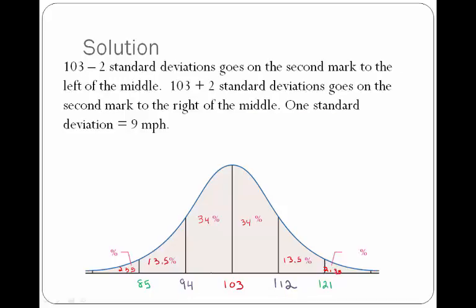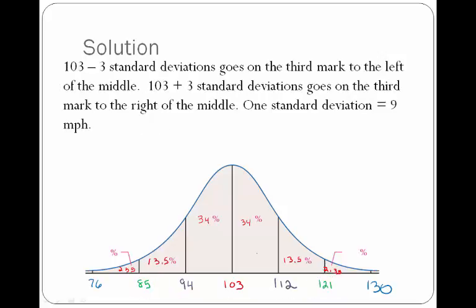2 standard deviations below the mean, we can either subtract another 9 from the 94, or we could subtract from 103. Either way, 2 standard deviations below the mean gives us 85. 2 standard deviations above the mean, we can add 18 to 103, or we can add 9 to 112. Remember, each standard deviation is 9 miles per hour. That means 121 is 2 standard deviations above the mean.